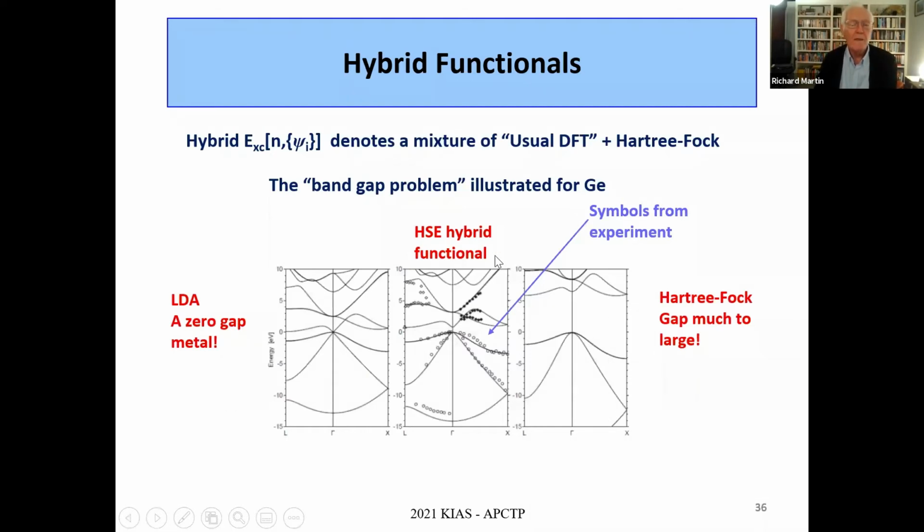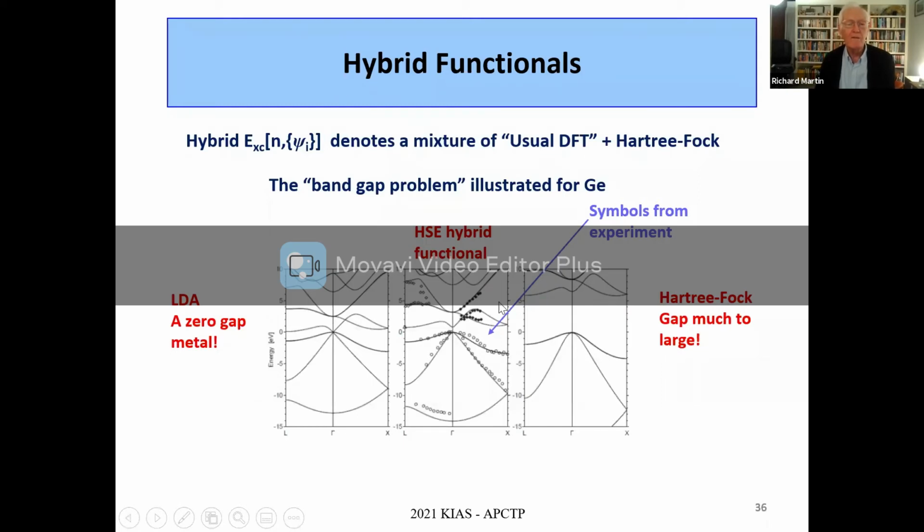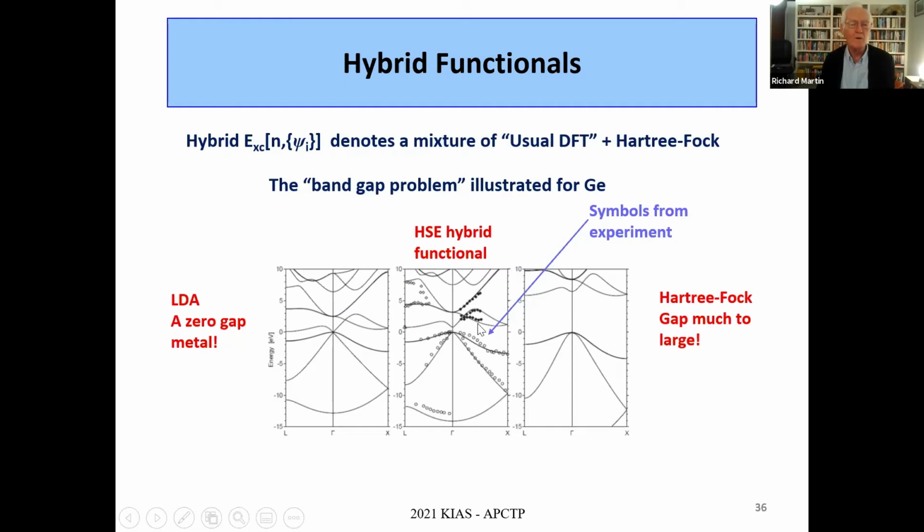The hybrid functionals have been developed to the point where they can reproduce the band structures extremely well. This is comparing information from photoemission and inverse photoemission, and we see that the agreement is really exceedingly good.